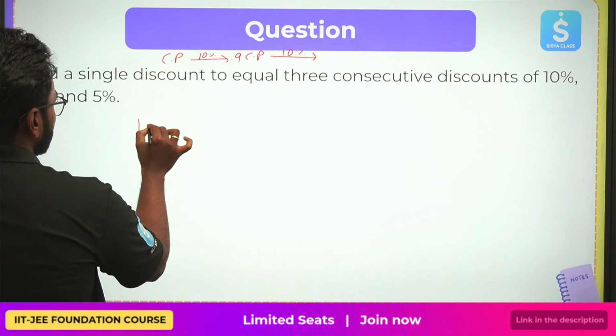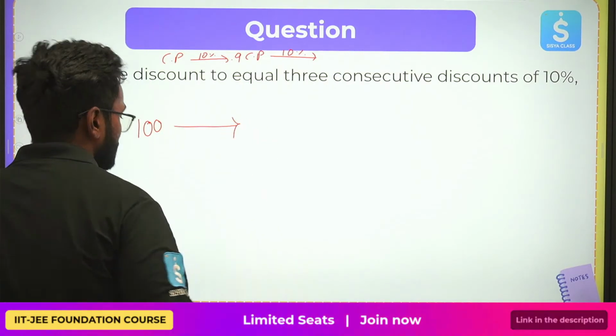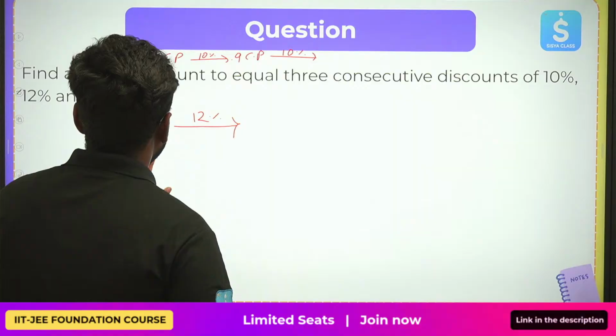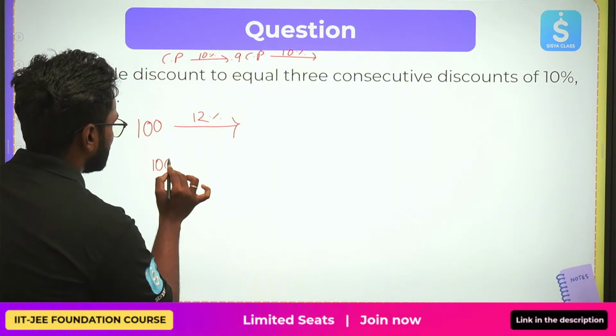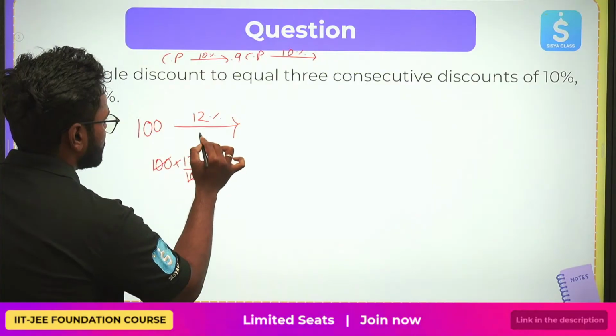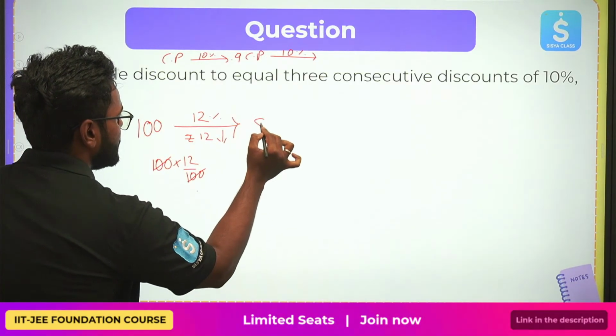If I take 100, now if I apply 12% discount, 12%. You know this, right? 12 rupees reduced. So this should be 88 rupees.